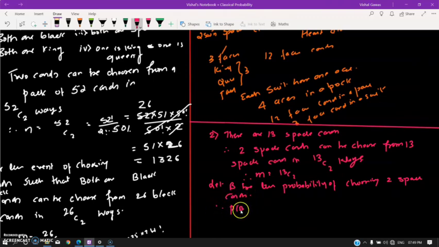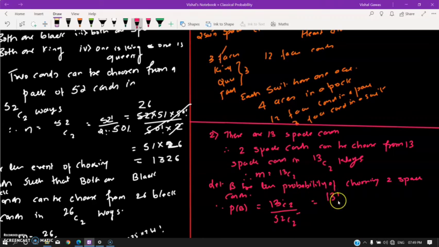Therefore, what happens to probability of B? Probability of B becomes 13C2 over 52C2.